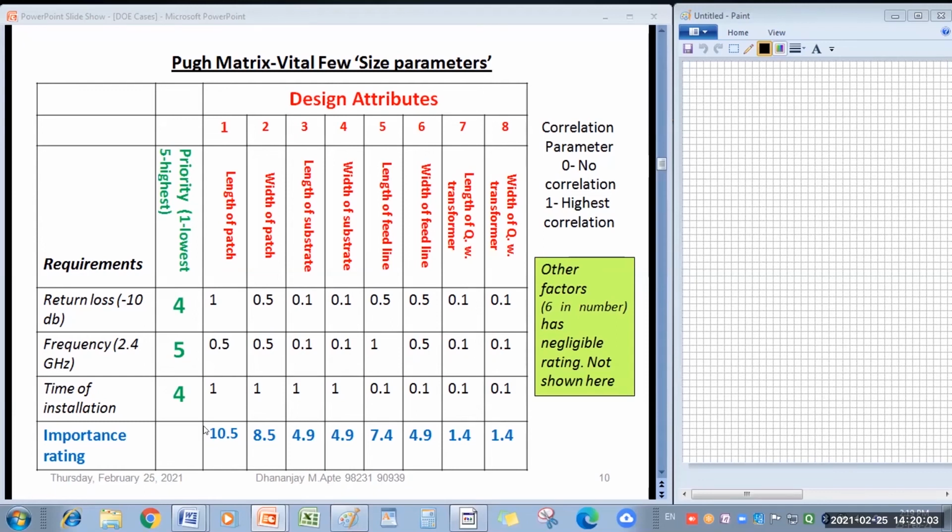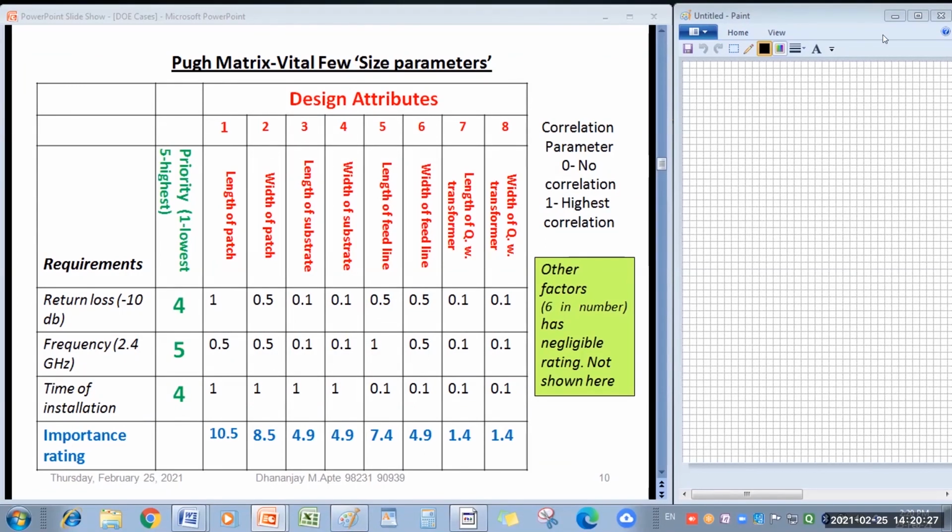You are going to focus your attention on it. You are going to work on this first design attribute, followed by this one, the second one, followed by this, the fifth one. So this way, you can set a sequence for yourself.